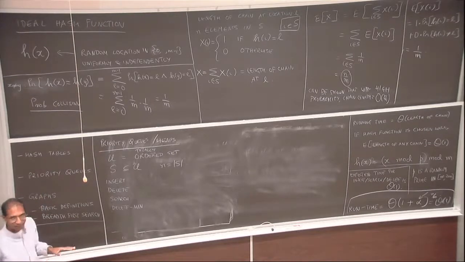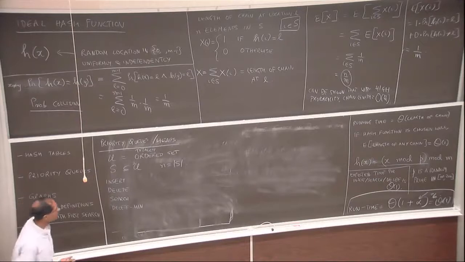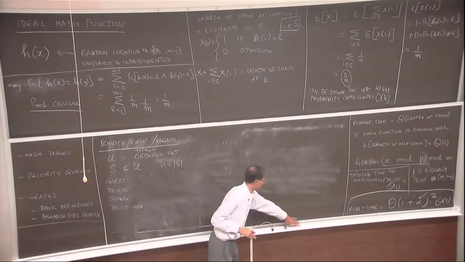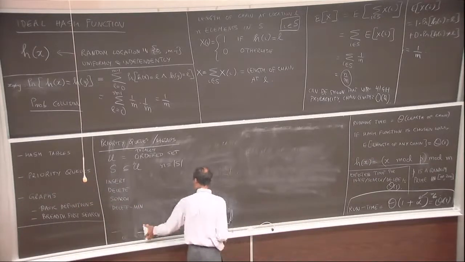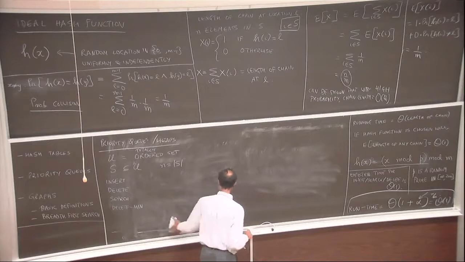It's a completely deterministic data structure. It stores elements in the form of a binary tree, and we will see in a moment how to do it.